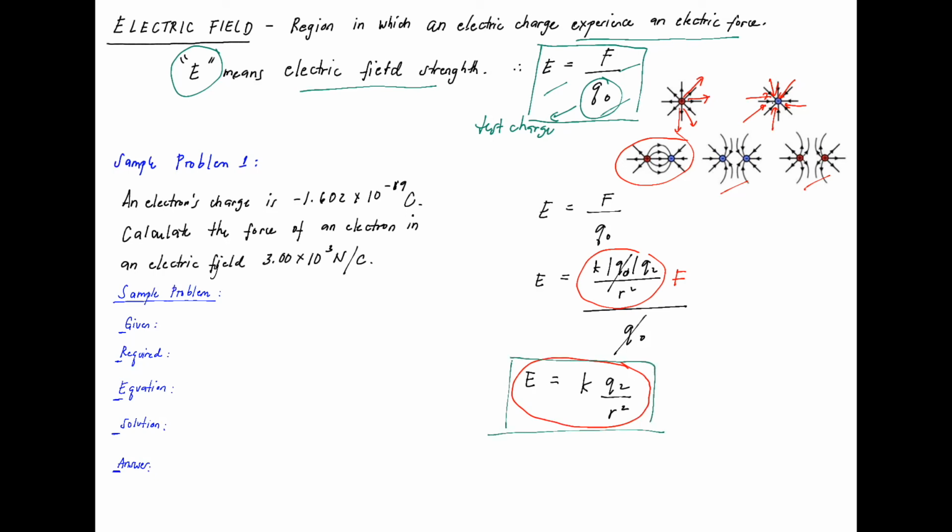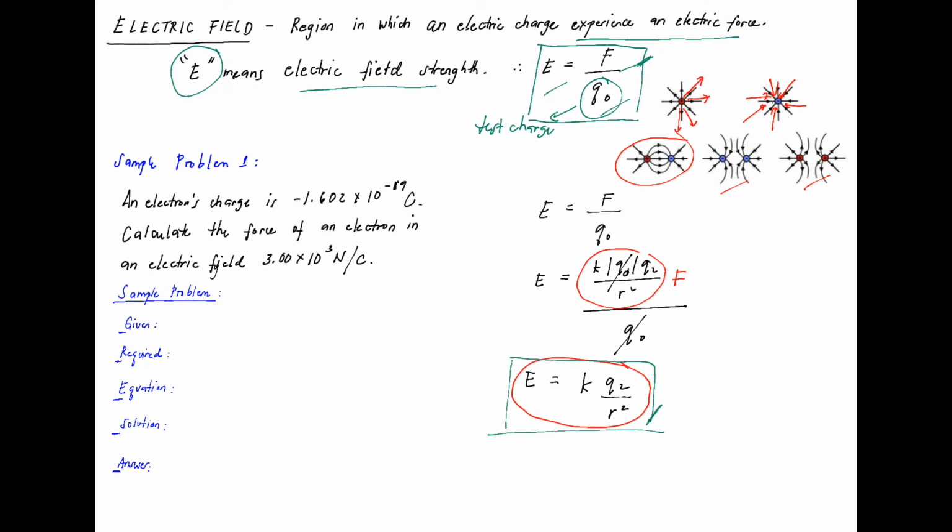This first equation talks about electric field strength as the force an electric field exerts on the charged body per unit charge. While this equation talks about the charged body's electric field strength at a position some distance from a charged body.